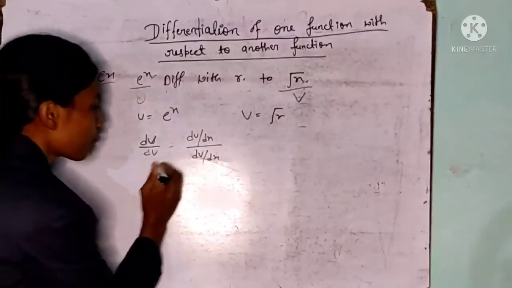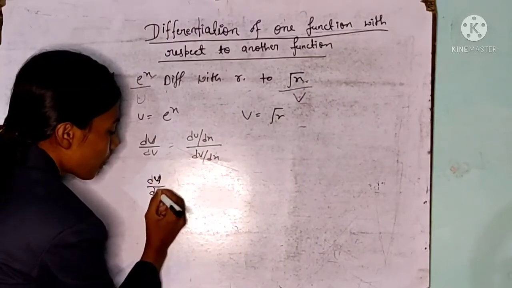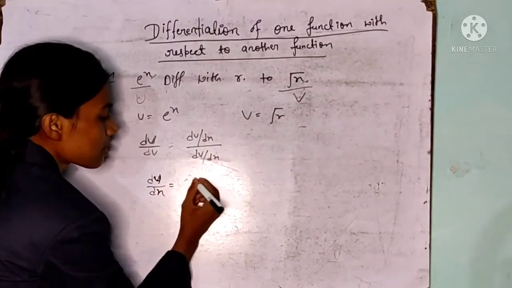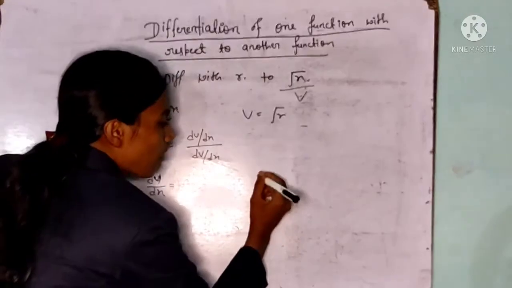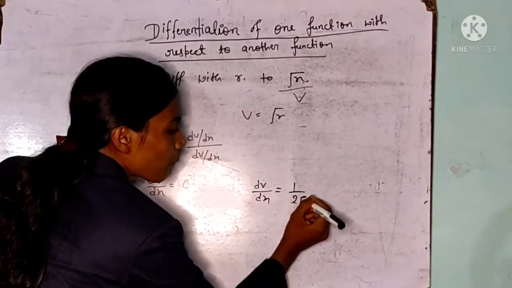See here, first we need to find du/dx. So du/dx is equal to e^x, the differentiation of e^x is e^x. Now dv/dx will be 1 by 2 root of x.